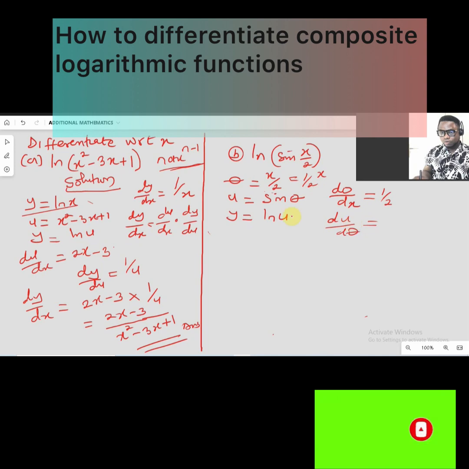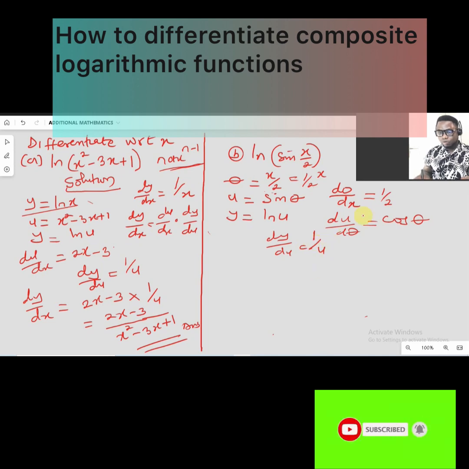That is going to give me, when you are differentiating sine theta, you are getting cos theta. Okay, so I'm going to differentiate y with respect to u, that is dy over du. That will give me the inverse of u, that is 1 over u, just like what I said here.